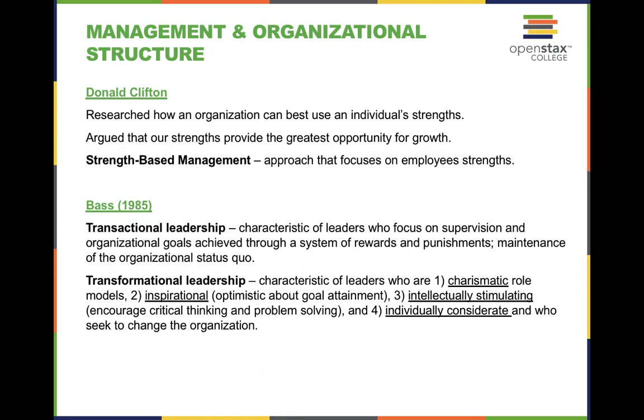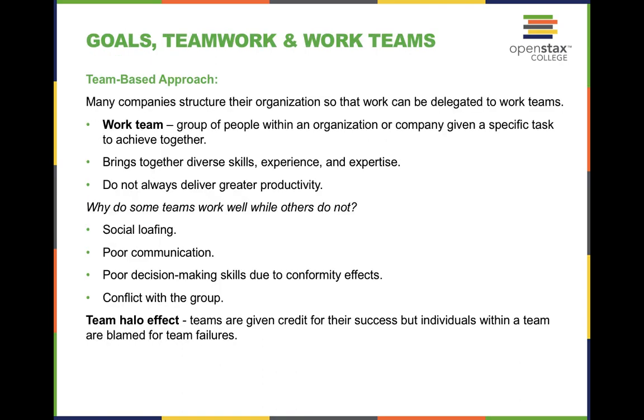Transactional leadership is the characteristic of leaders who focus on supervision and organizational goals achieved through a system of rewards and punishment, and maintenance of the organizational status quo. Whereas transformational leadership is the characteristic of leaders who are, first, charismatic role models, second, inspirational, third, intellectually stimulating, and fourth, individually considerate, and who seek to change the organization.